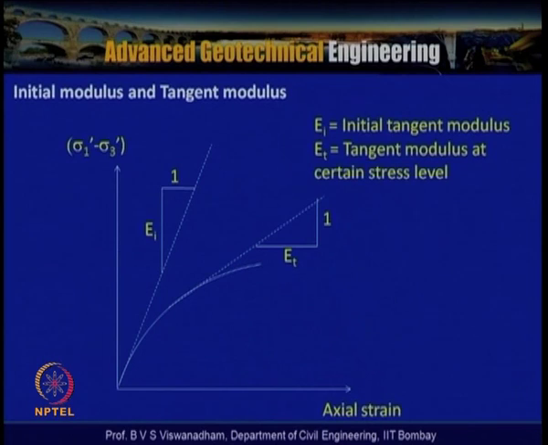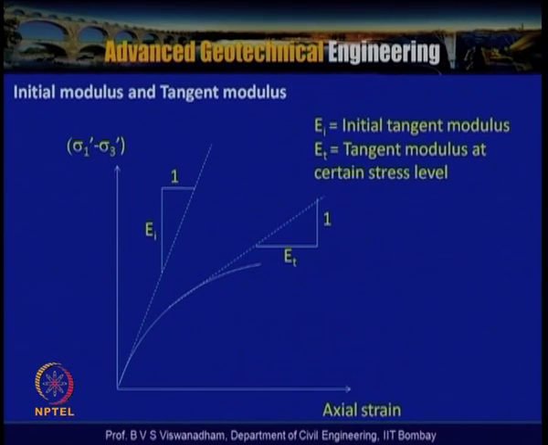We can get the Young's modulus values. So this slide shows the initial tangent modulus and tangent modulus at a certain stress level, and in addition there is also a secant modulus which can be interpreted.